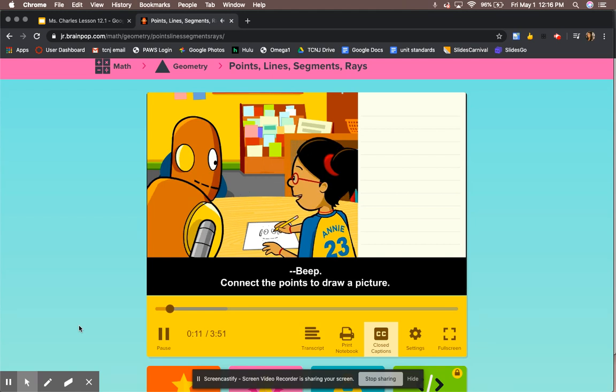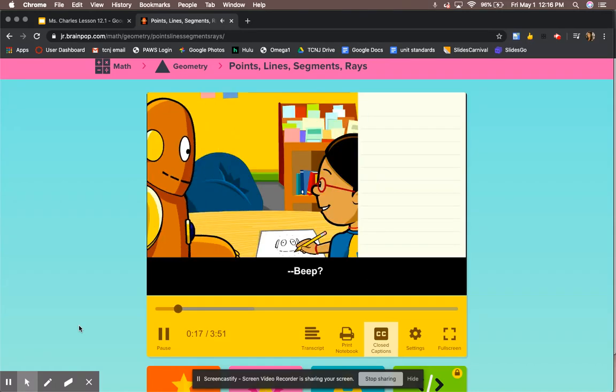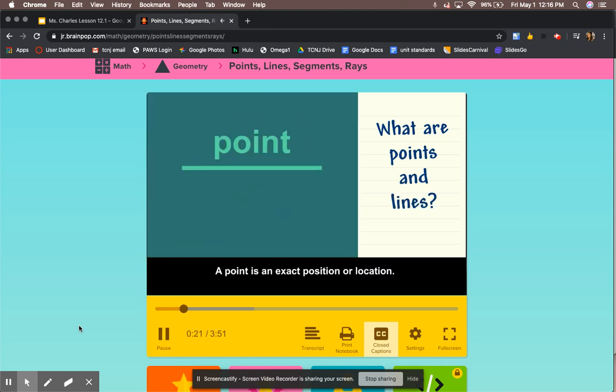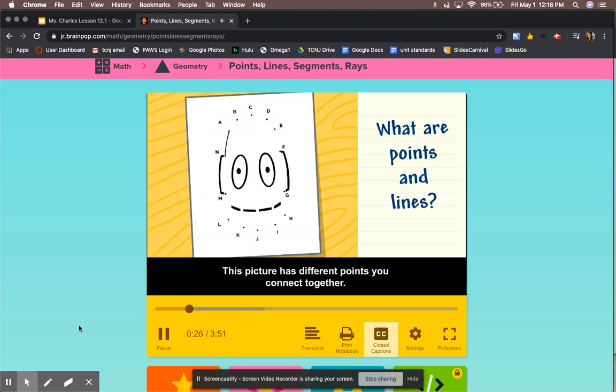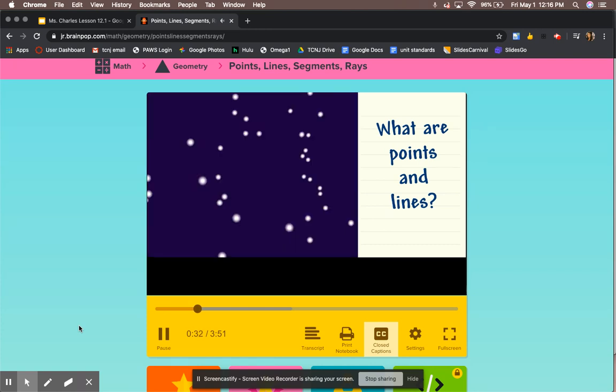Connect the points to draw a picture. What do you think it'll be, Moby? What are points and lines? A point is an exact position or location. This picture has different points you connect together. The symbol for a point is a dot.